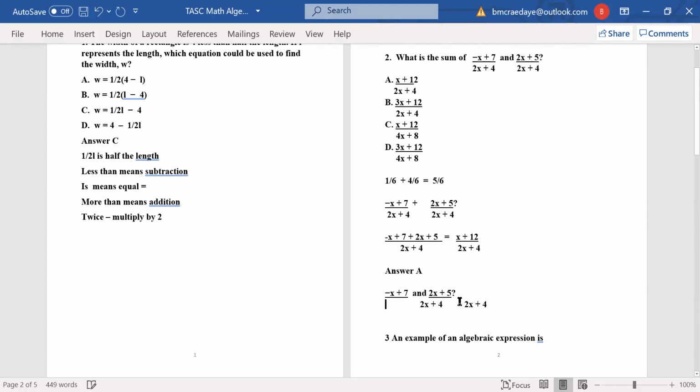This is going to be y plus 7, and I'll keep this as minus 5y minus 15.